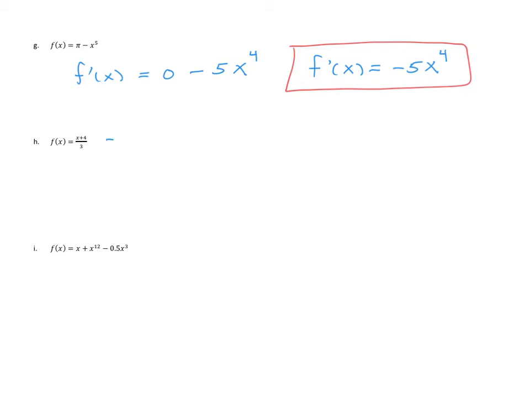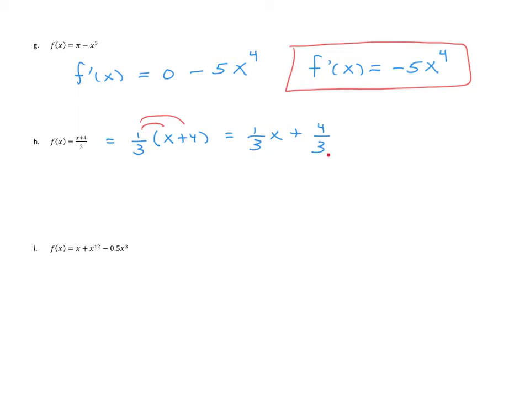Okay, for part H, again, you could really think of this as 1/3 times x plus 4, and maybe even distributing the 1/3 into the parentheses could be helpful, and that would change the problem to 1/3 x plus 4/3.